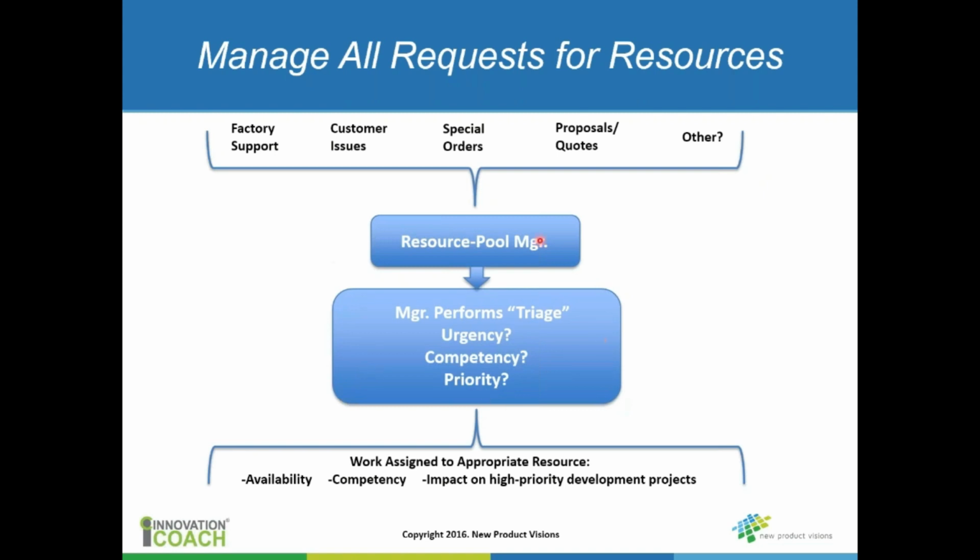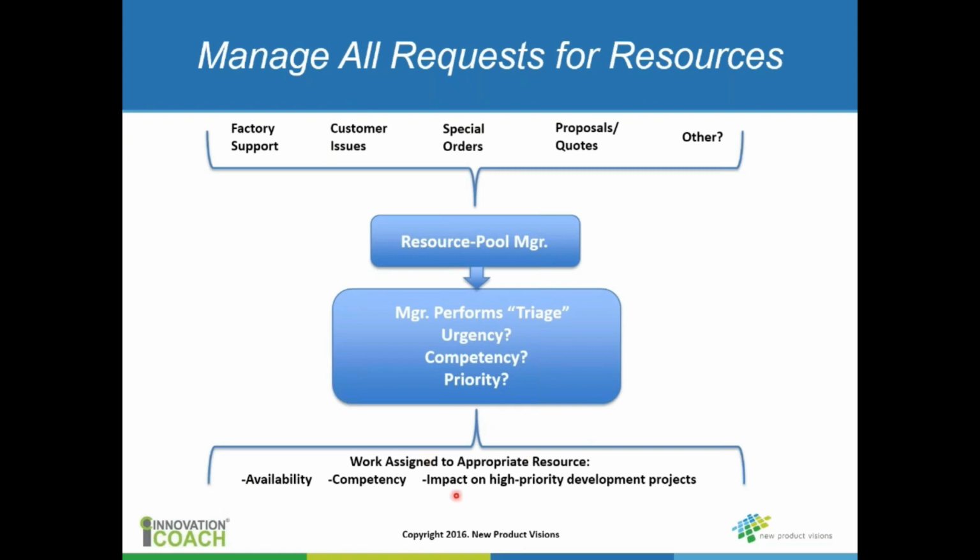So the point is that there needs to be some purposeful decision making in terms of where these requests go, and to try to short circuit this process from here down to the resource. The resource pool manager can then assign the work based on availability, who really can do the work, and the impact on other high priority development projects.